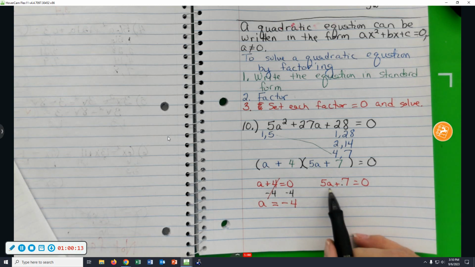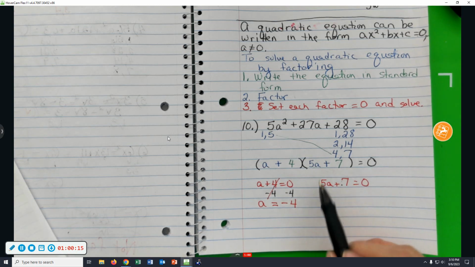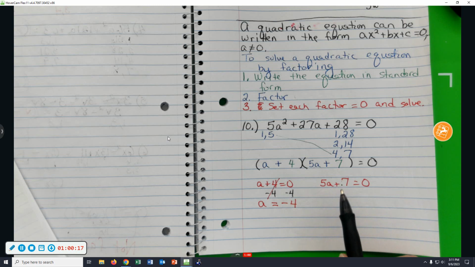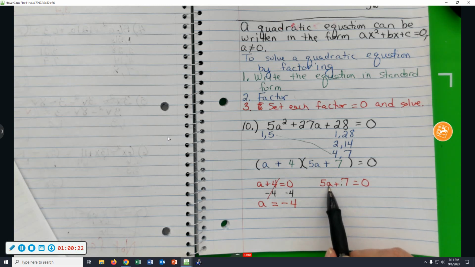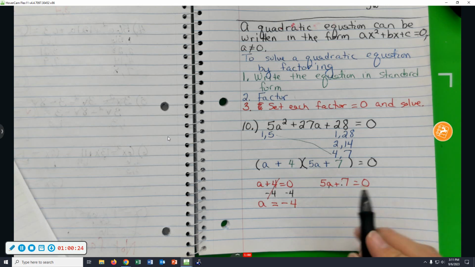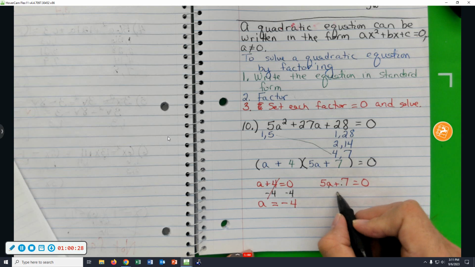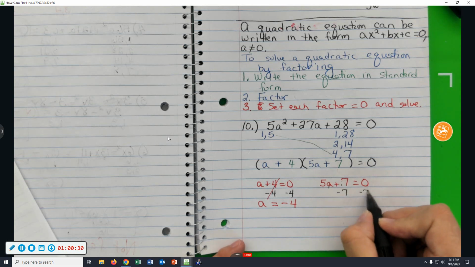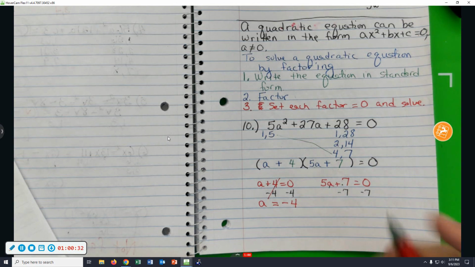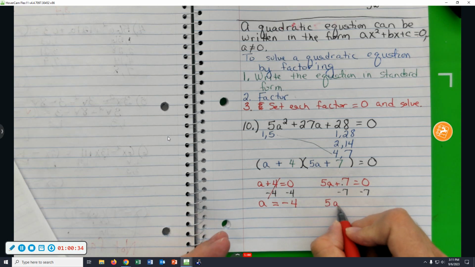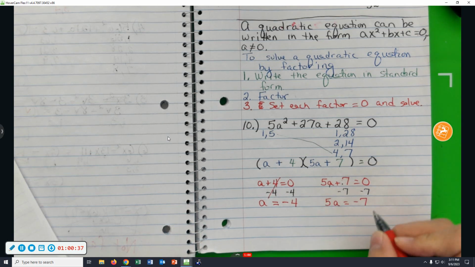Now right here, this is going to be a good example of solving a linear equation. Isolate the a by doing the opposite operation to both sides of the equation. The opposite of adding 7 is subtracting 7. So we have 5a equals negative 7.